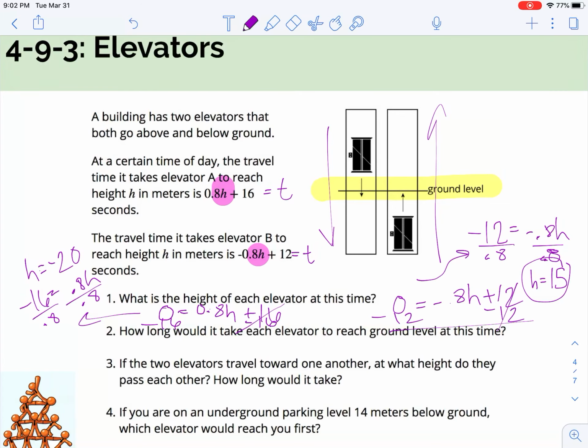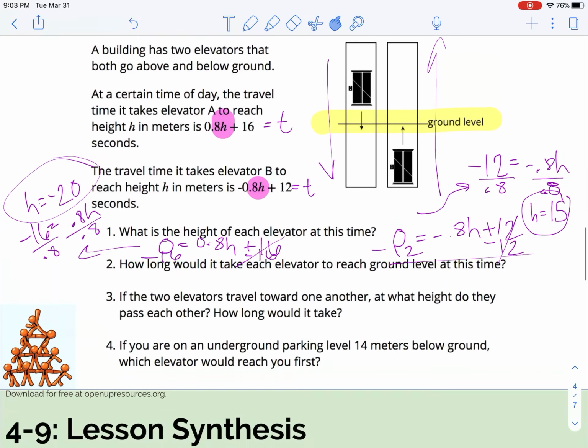The reason why the one is negative and the one is going to be positive is because one of them is going below ground and the other one is going above ground. Does that kind of make sense? So it's not literally negative, it's just meaning below ground. So you've got one going 20 meters below ground, and you got the other one going 15 meters above ground, and that's all you have to do for that.